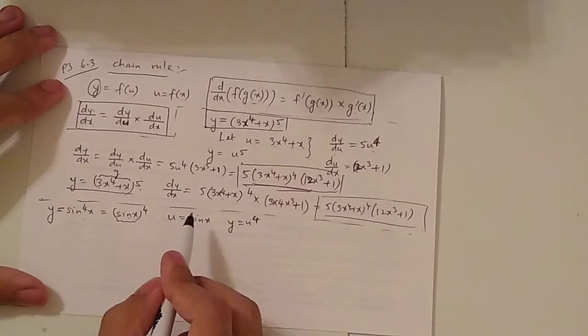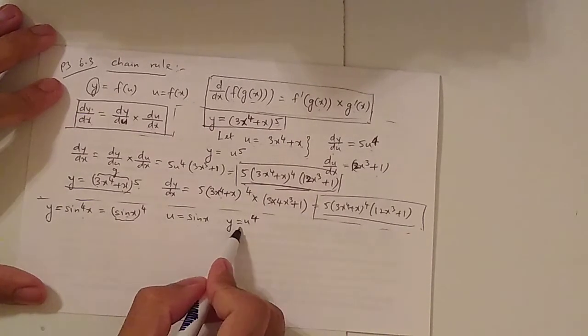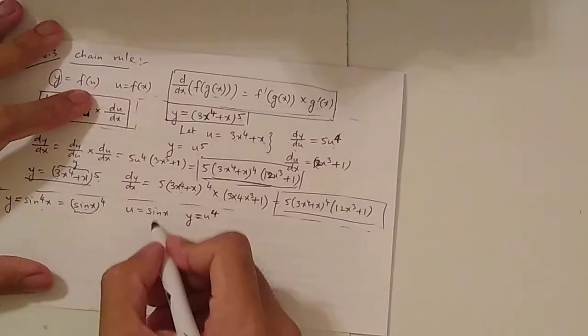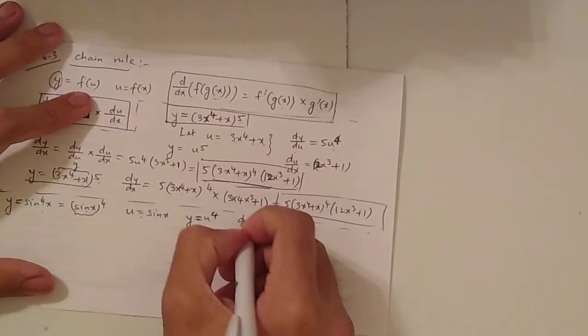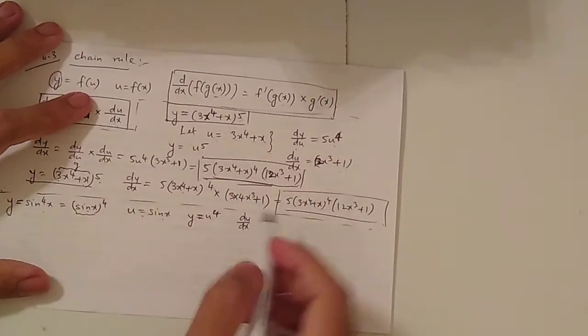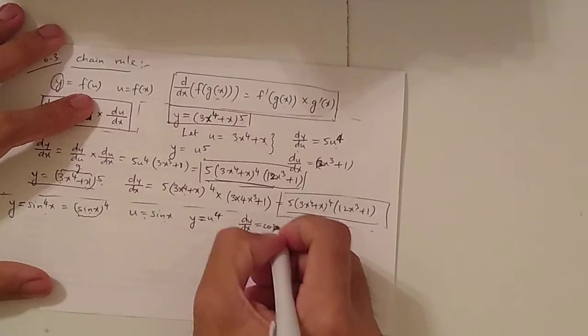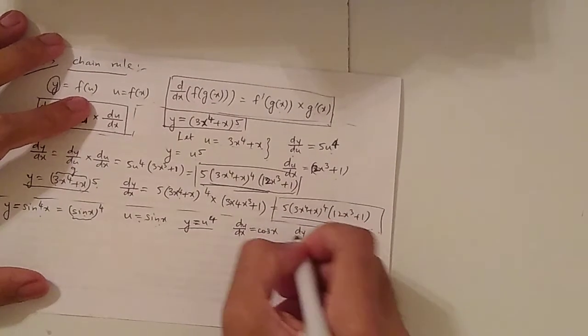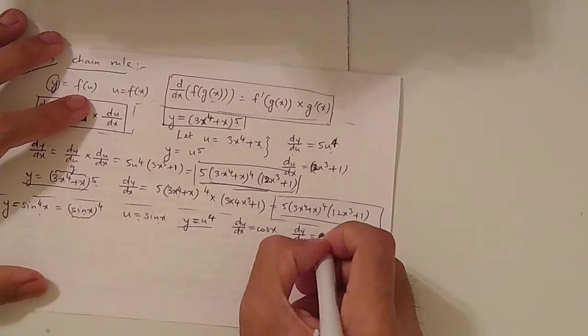Now we can differentiate both these expressions separately. For the first one, you get du by dx equals the derivative of sine x with respect to x, which is simply cos x. And for the second expression, you get dy by du is equal to 4u cubed.